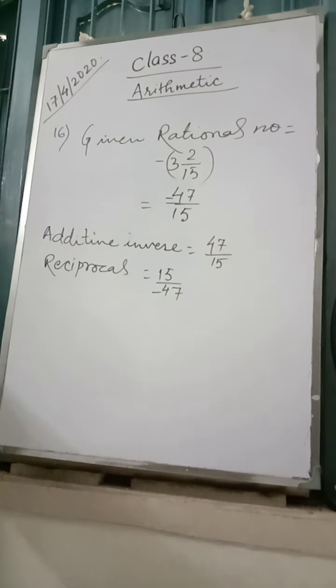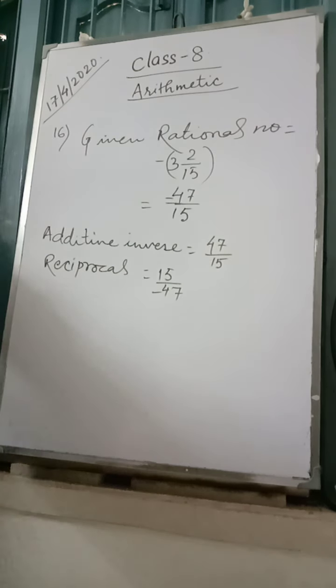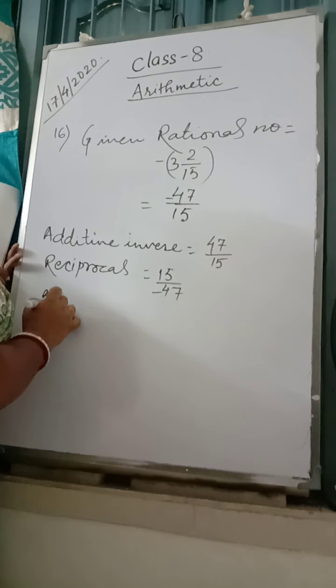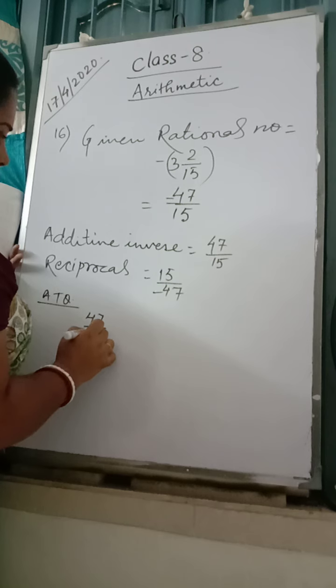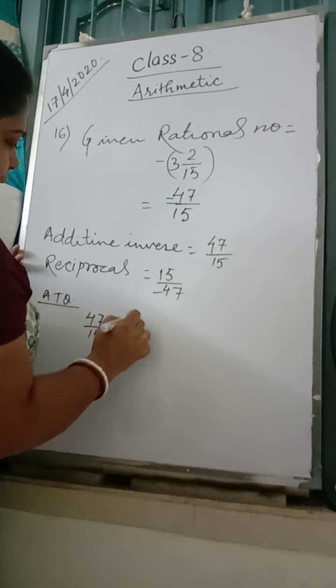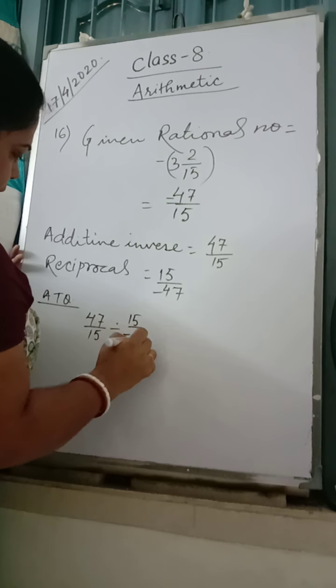Now according to the question, divide the additive inverse of this by its reciprocal. So the additive inverse is divided by its reciprocal. Clear?